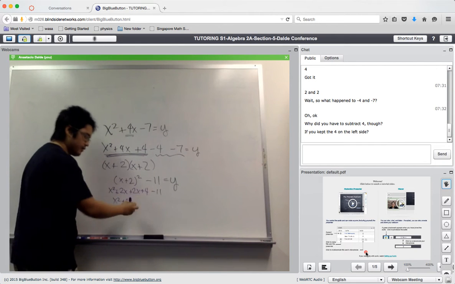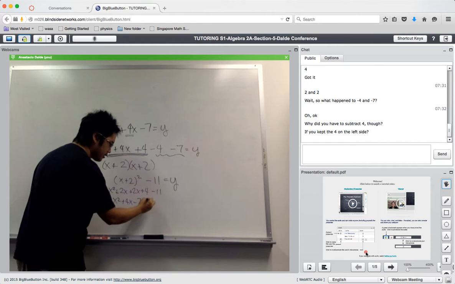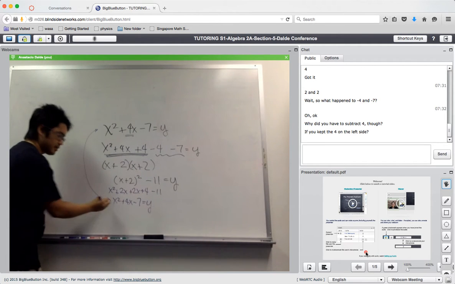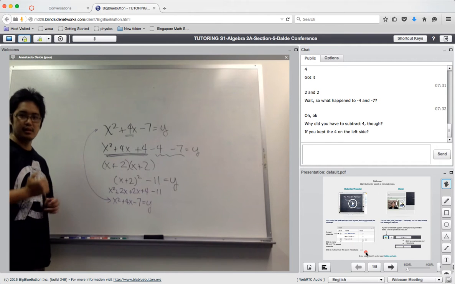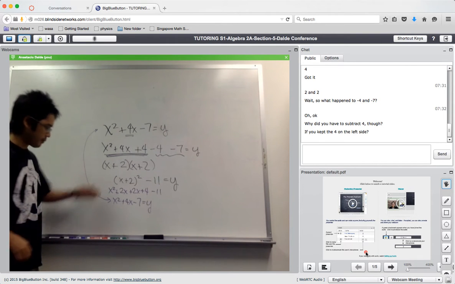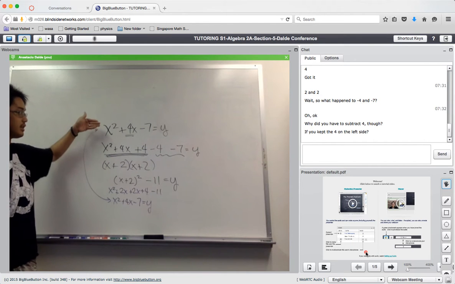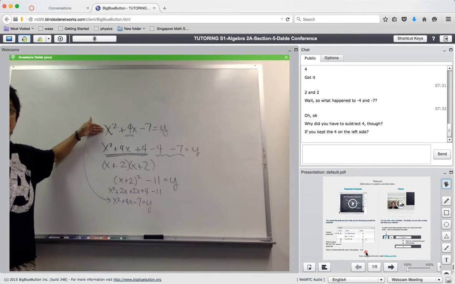And then 4 minus 11 is negative 7. Look, this is the same thing as that. So all I'm saying is the stuff in the purple is just for me to verify that this thing right here is really a secret code for that thing right there. It's the same thing. Does that make sense?